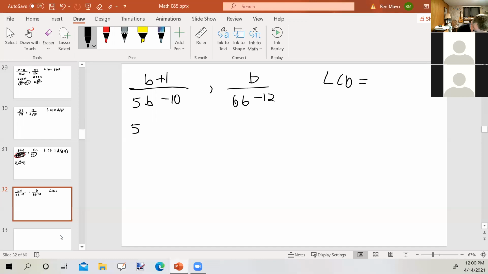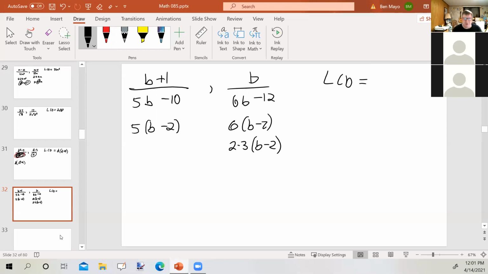The first denominator is 5 times the quantity b minus 2. So the 5 is a factor, the b minus 2 is a factor, but just the b or just the minus 2, those are not factors. It's that whole b minus 2. 6b minus 12 would be 6 times b minus 2, which would be 2 times 3 times b minus 2.